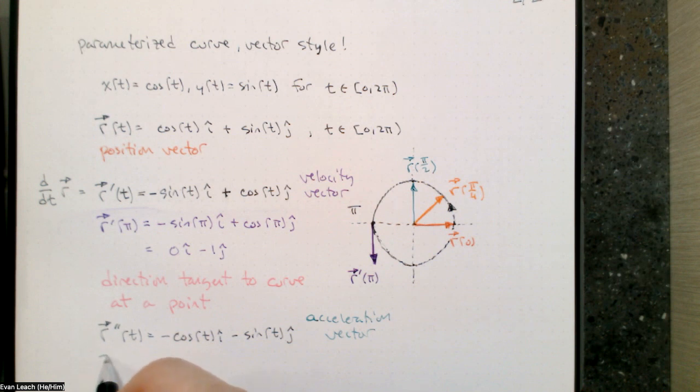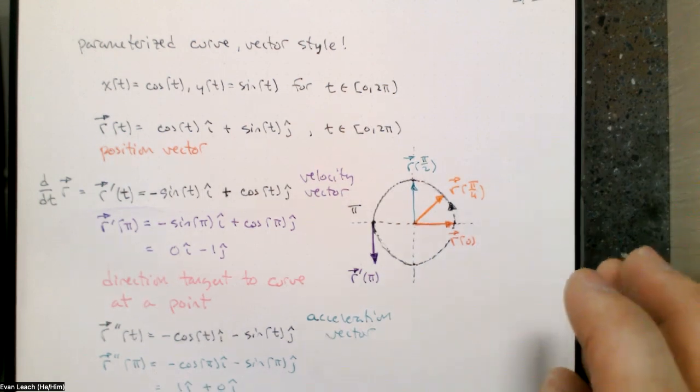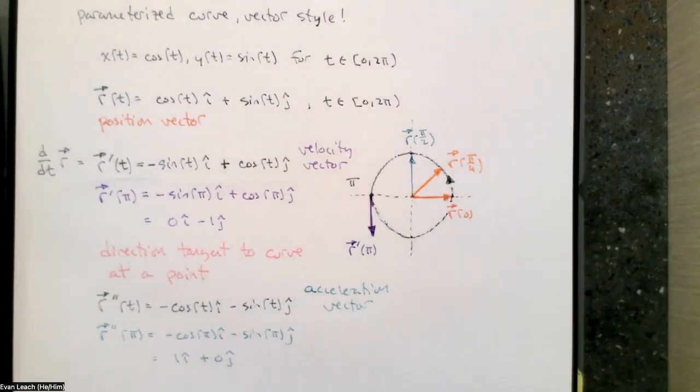And if we look at the acceleration vector at pi, we get positive 1 i plus 0 j. And that tracks with what we know is going to be happening.